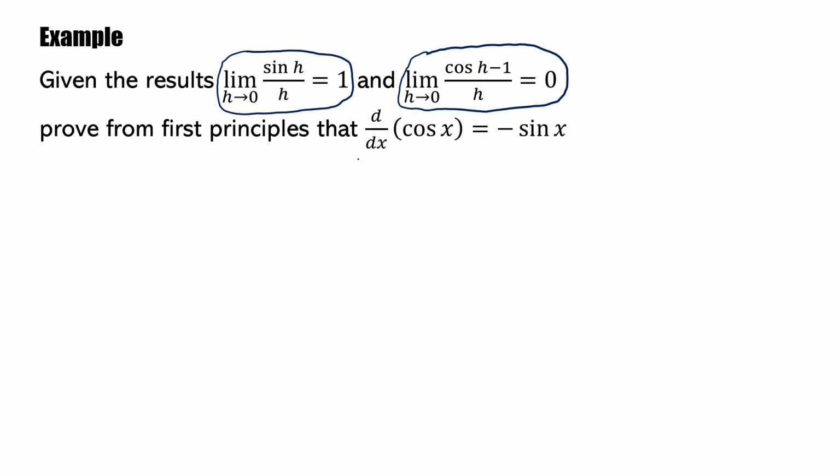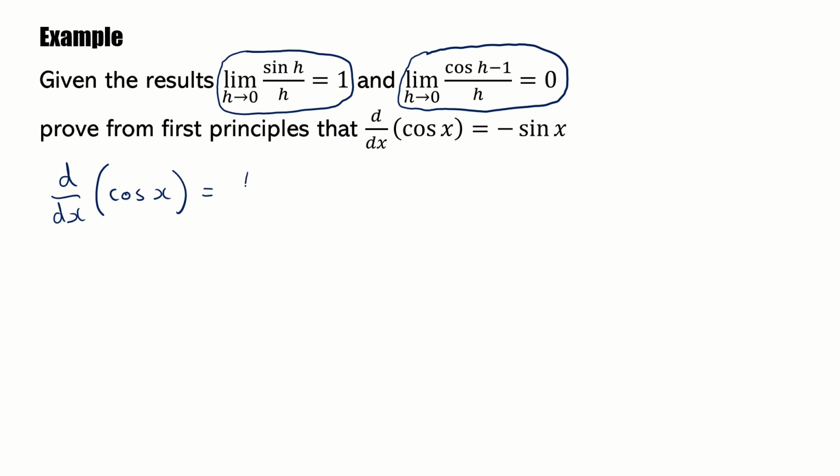So we're just going to use those facts to prove that the derivative of cos of x is equal to minus sine of x. To do that, all you have to do is apply the differentiation by first principles formula to cos of x. Cos of x is the function we're differentiating, so that's the f of x.